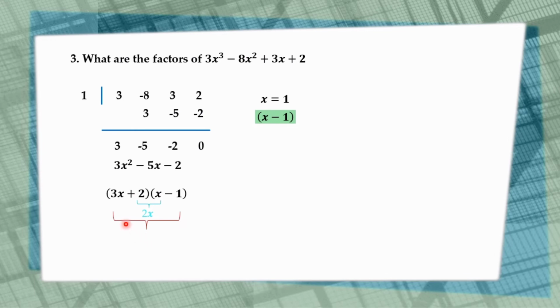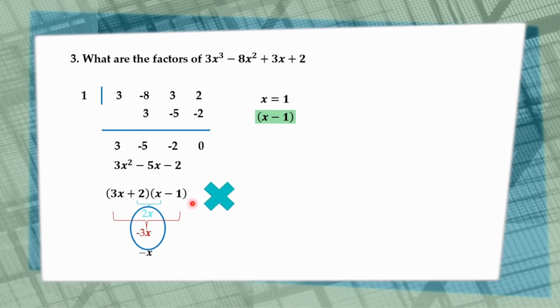Then multiply the outer term. 3x times negative 1 equals negative 3x. And then add their products. 2x plus negative 3x equals negative x. Negative x is not equal to the middle term, which is negative 5x.